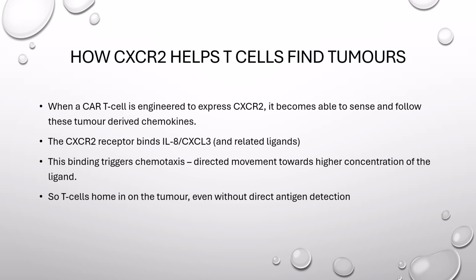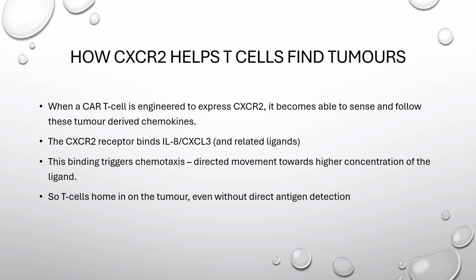So this is a limitation with CAR T in solid tumors, that there's poor trafficking and poor infiltration, and as I said, the tumor cells are often physically or immunologically cold to our T cells.